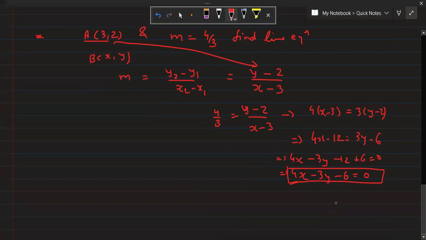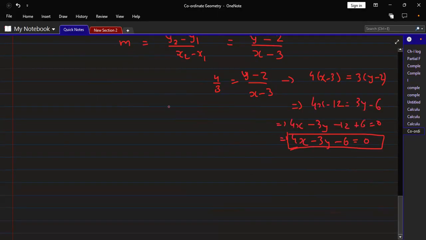Okay. Then, suppose we have an example. Up to this we had one line. Suppose we have two lines L1 and L2.